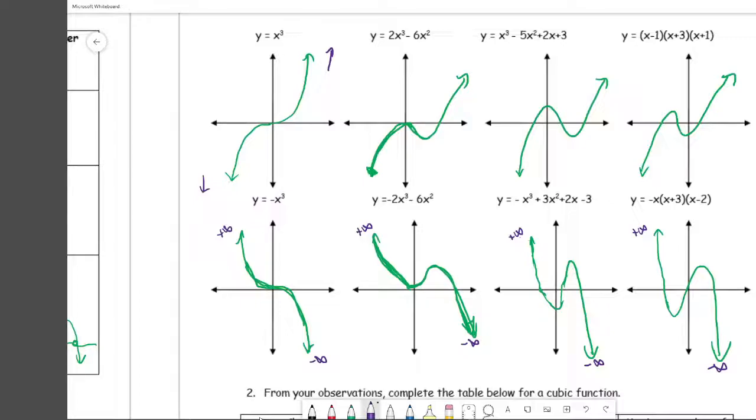Now, it should be clear to you, if you think about this, that a function whose end behaviors are in opposite directions of one another must have an x-intercept.